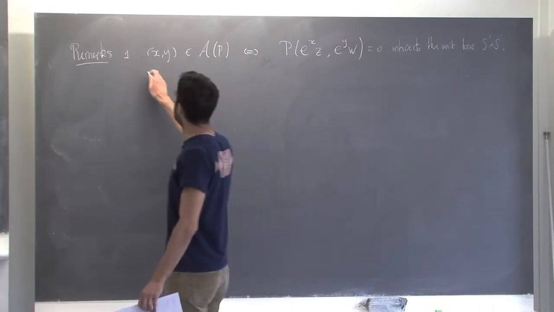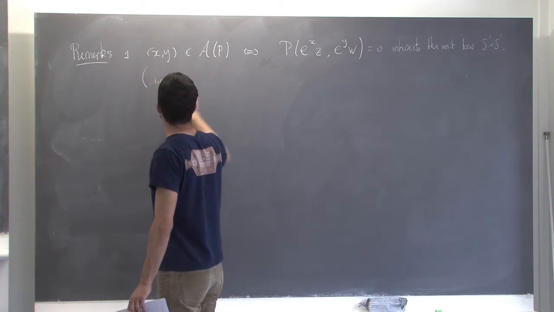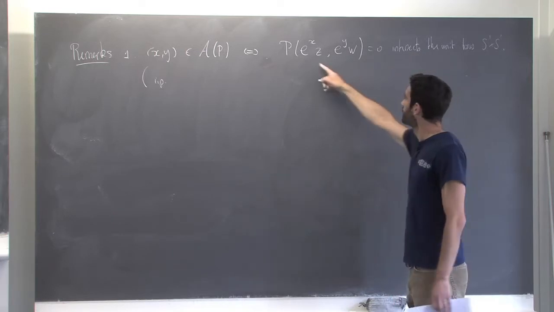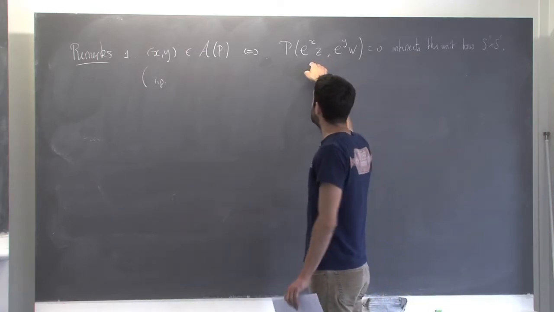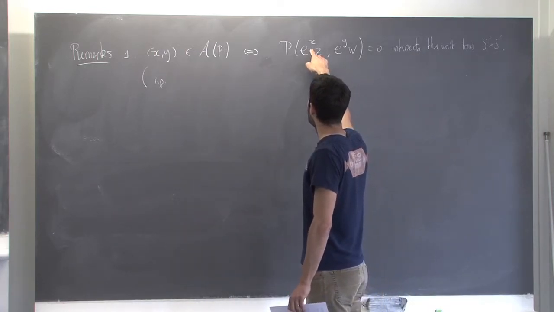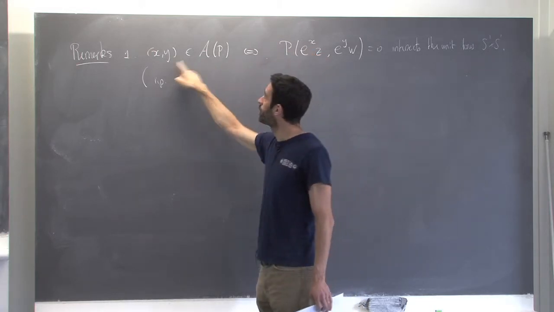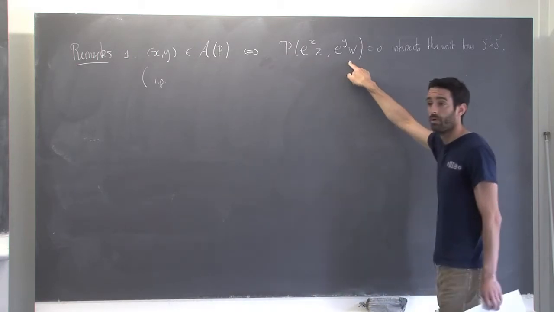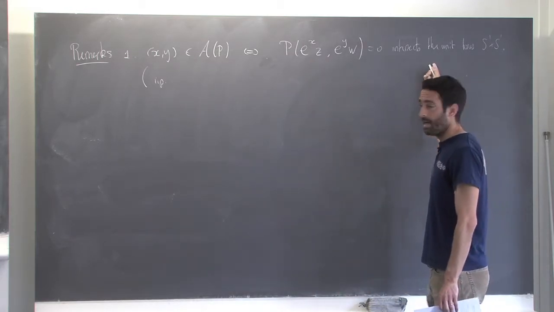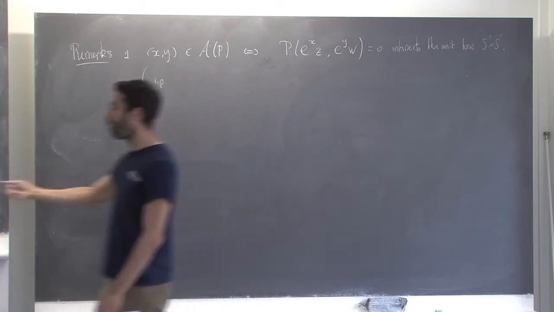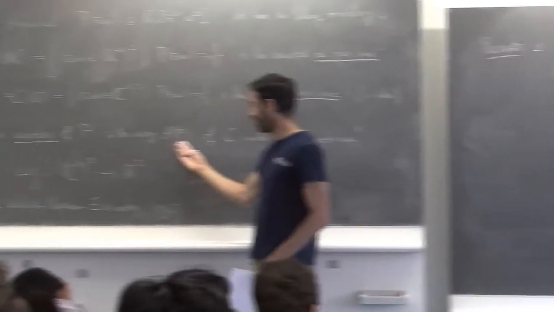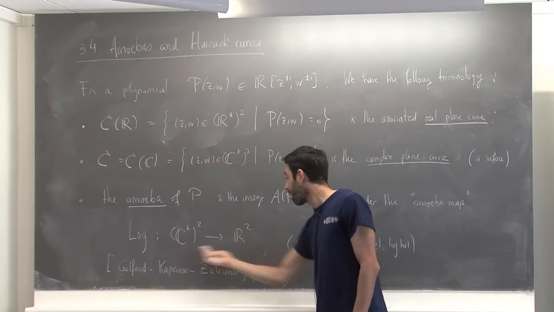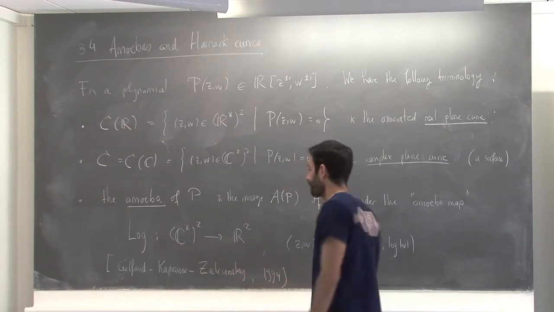So in particular, we are interested in knowing if the point (0, 0) belongs to the amoeba. This would mean that P(z, w) = 0 intersects the unit torus. And if the origin lies in the amoeba, how many points here will be mapped to it?